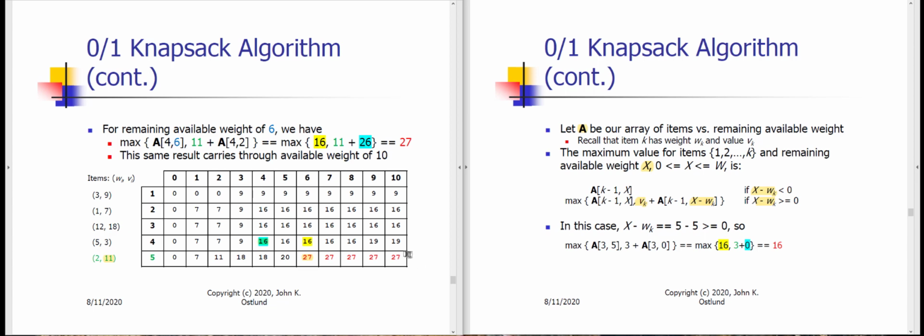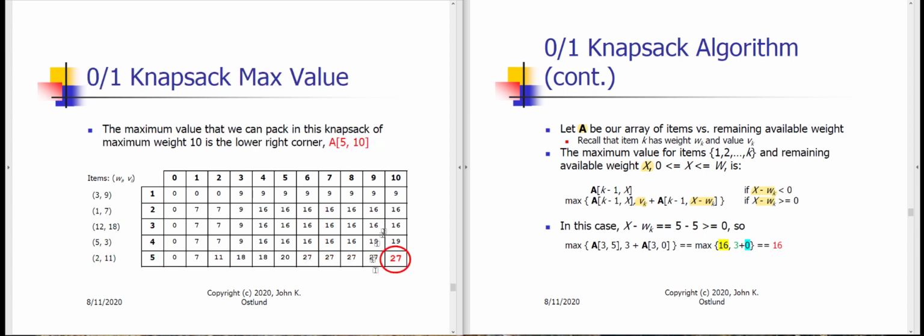And the maximum that we can get for a knapsack that can contain 10 items of weight, given this collection of 5 items that we've arbitrarily labeled 1 through 5, the maximum value is 27. Okay, so the maximum value that we can get once we have wound our way through this algorithm, filling in all of the cells in this table, is a value of 27.